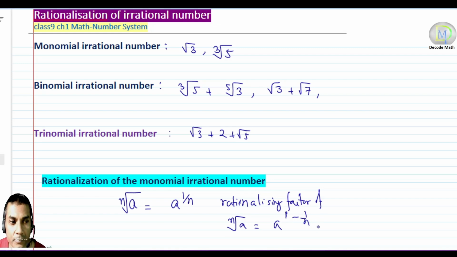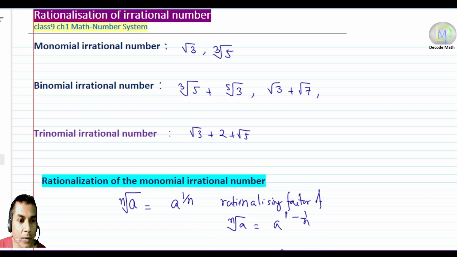Clear? So this is the rationalizing factor. Why is it so? Because if you multiply this rationalizing factor with the irrational number, then you get a rational number.